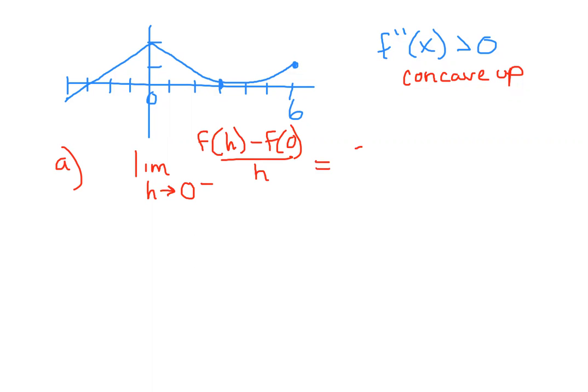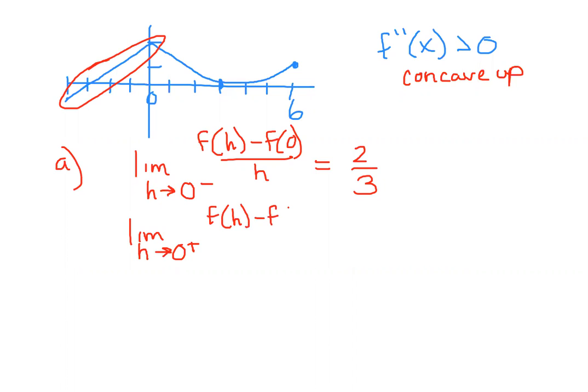equals 2/3, because the slope of this line is 2/3. The limit as h approaches 0 from the positive side of f of h minus f of 0 over h is less than 0.